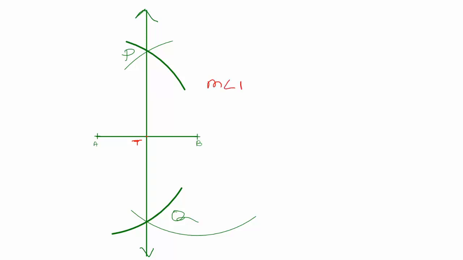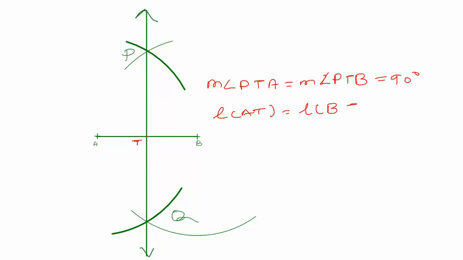Measure of angle PTA is equal to measure of angle PTB, which is 90 degrees, and length of segment AT is equal to length of segment BT.